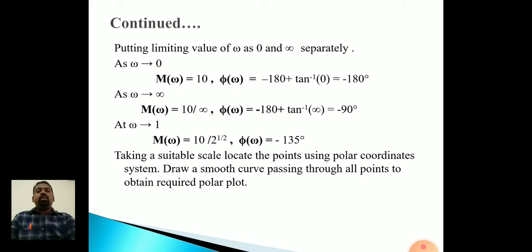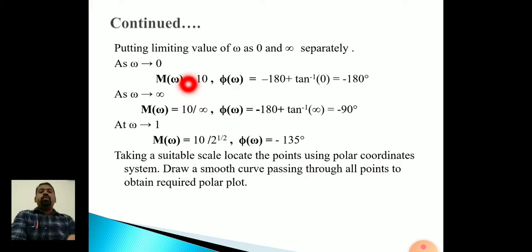Similarly, when omega tends to infinity, M omega becomes 10 by infinity, that is a very large number in the denominator, so it is 0. The phase angle is minus 180 plus tan inverse of infinity, that is 90, so minus 180 plus 90, that is minus 90 degrees.